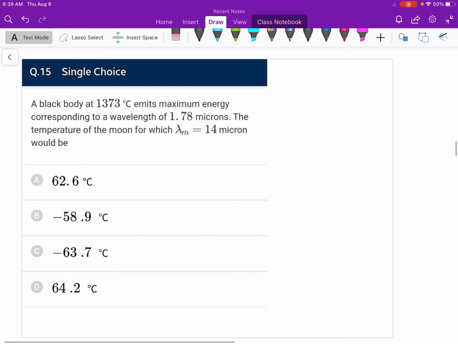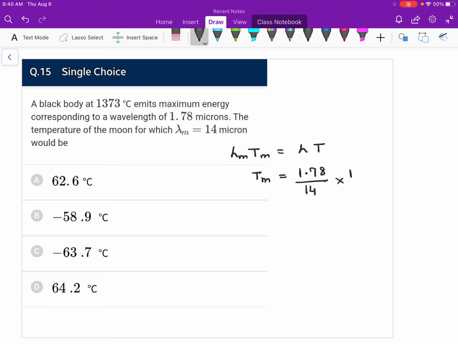A black body is at a temperature and emits energy corresponding to a wavelength. The temperature of the moon, for which lambda m is 14 micro, will be: T moon is lambda T, so T moon is 1.78 upon 14, and T is 1373.